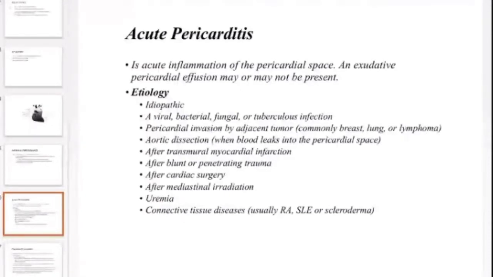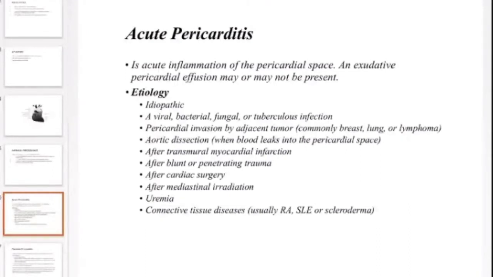Etiology: maybe idiopathic, where you don't know the cause. Maybe viral, bacterial, or fungal, or tuberculosis. Pericardial invasion by an adjacent tumor, commonly from the breast or lung, or lymphoma. Or a complication of aortic dissection, when blood leaks from the aorta into the pericardial space.